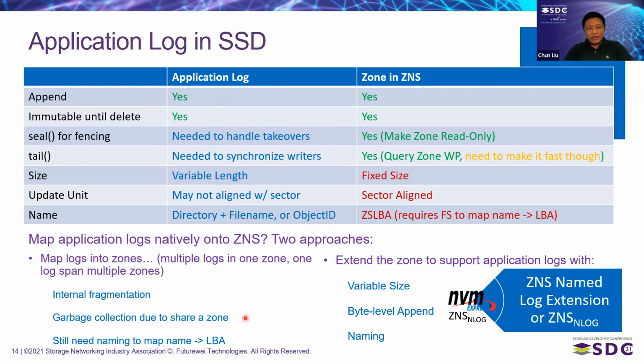And if we're sharing a zone, it will incur garbage collection. And we still need a naming service to map name to LBA. Another approach is to extend the zone to support application logs with the following: variable size zones, byte level append, and naming. We call this ZNS named log extension, or ZNS-NLOG for short.